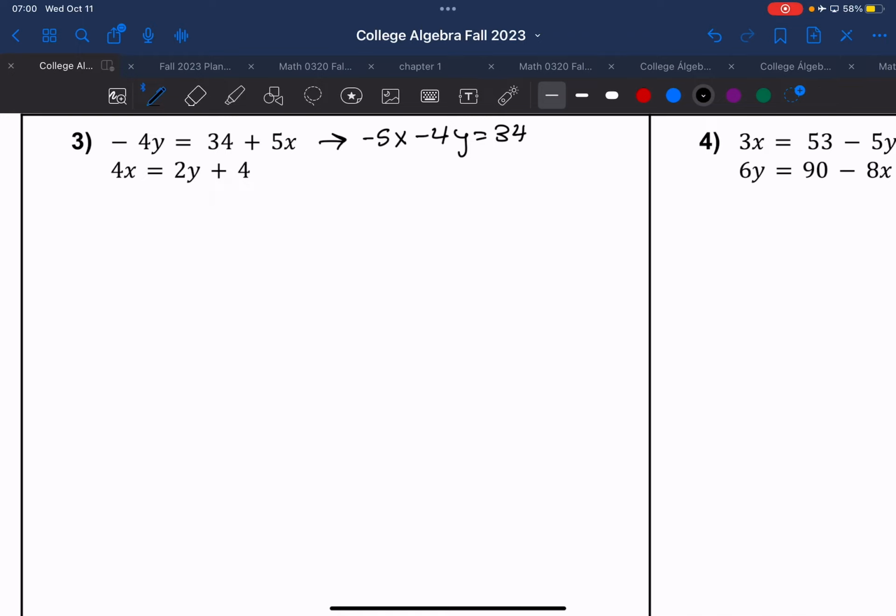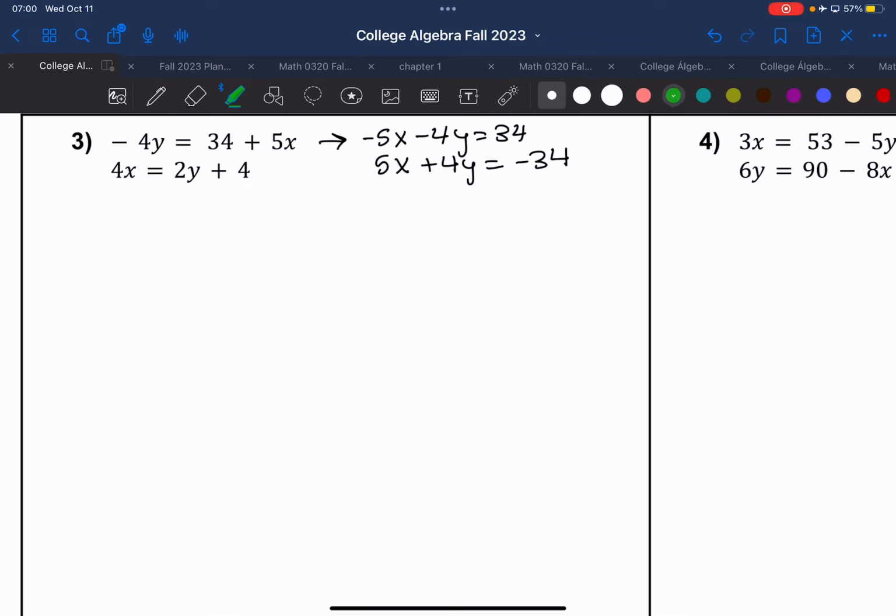But remember I said we don't really like a negative to be in the front of our equation. So what can I do to all the signs here? Good. If I multiply them all by a -1, what happens to the signs? They change. So now I have 5x plus 4y equals negative 34.